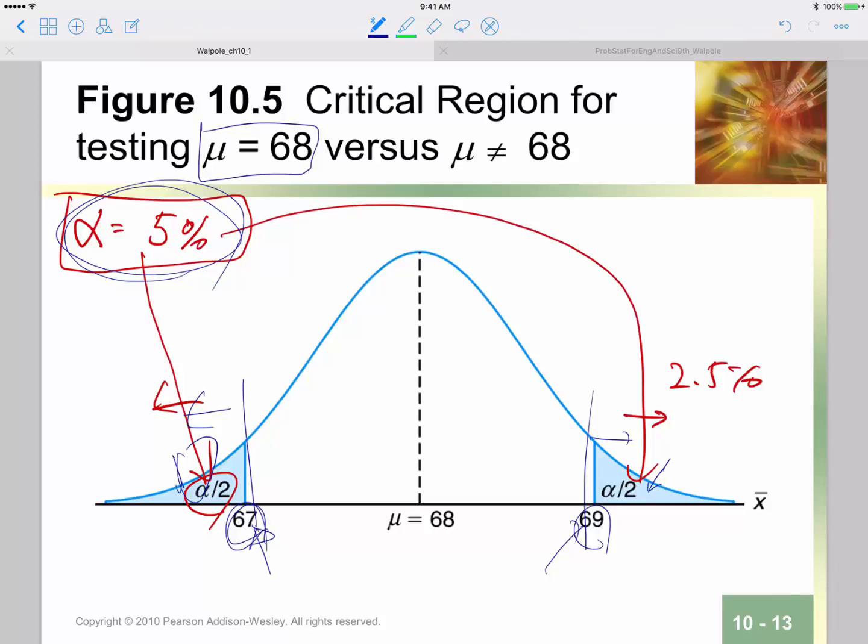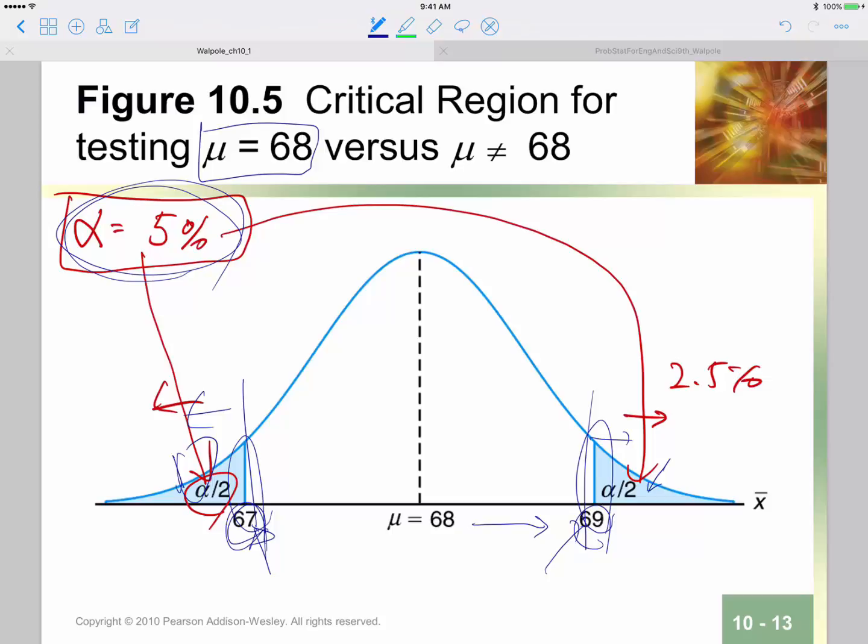The area of those blue regions will be smaller, and thus this critical region threshold will be larger, I mean, more away from this mu value, right? So this threshold is determined based on our alpha value, okay?